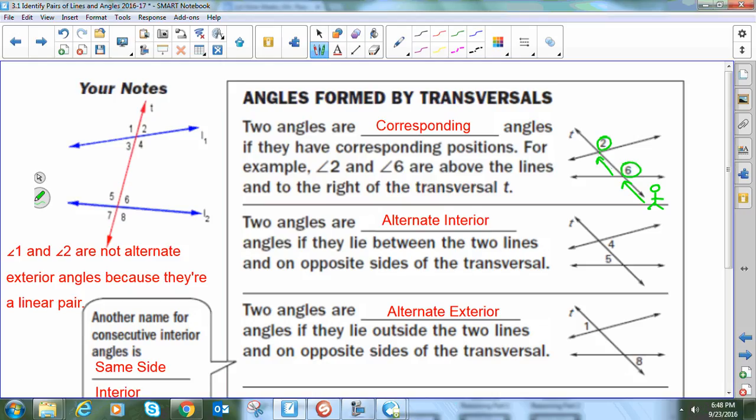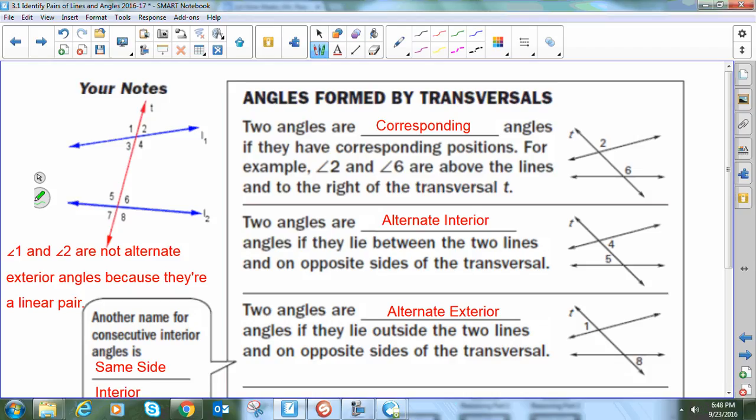And that is why they occupy corresponding locations. That's why they are referred to as corresponding angles. Now, corresponding angles actually have the most sets of angles that we could have. Every time we have intersections like this, there's always at least 4 pairs that we could identify.